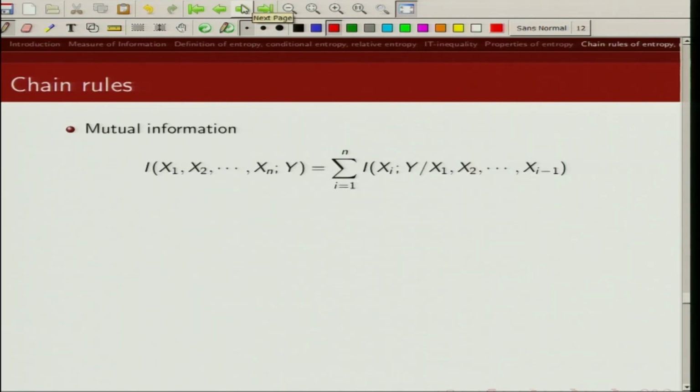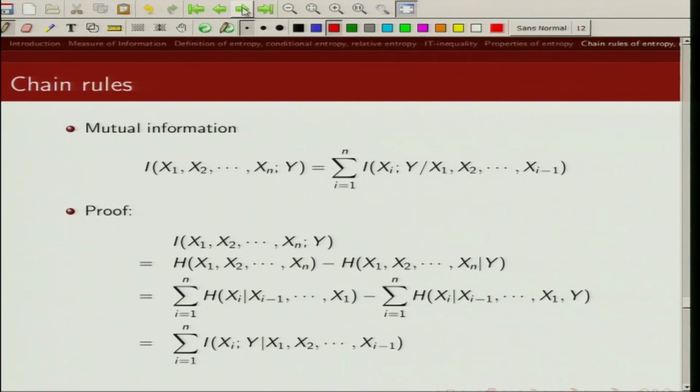Now similar to the chain rule for entropy, we can also define a chain rule for mutual information. So mutual information between x1, x2, x3, up to xn and y can be written in terms of conditional mutual information of xi and y given x1, x2, up to xi minus 1. So the proof follows like this.